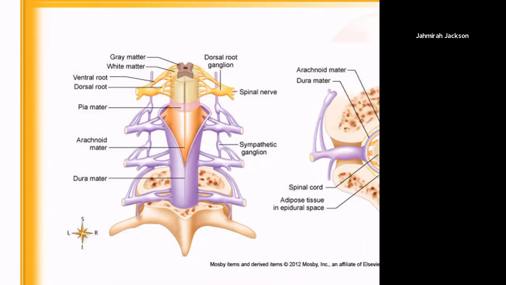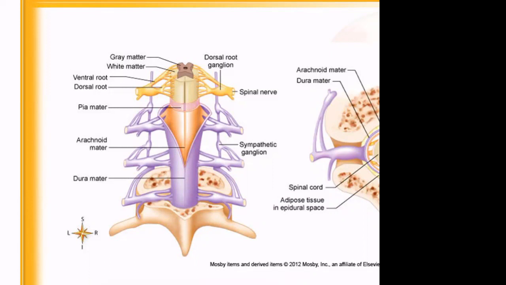But I also included other terms. I said anterior can also be described as ventral, and posterior can also be described as dorsal. And at the time I said you do need to know that those terms are interchangeable. That anterior and ventral mean the same thing, that posterior and dorsal mean the same thing.